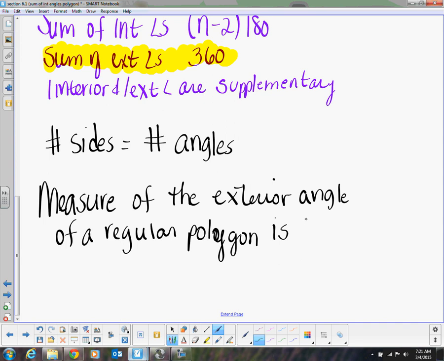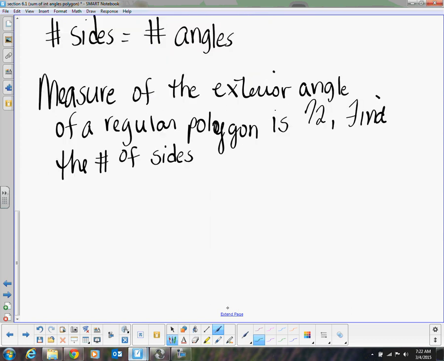I'm not sure that works. Let's say 72. Find the number of sides. Now, this number of sides is the same thing as the what? Number of what? Okay. So, we do not know the number of sides. N equals number of sides.